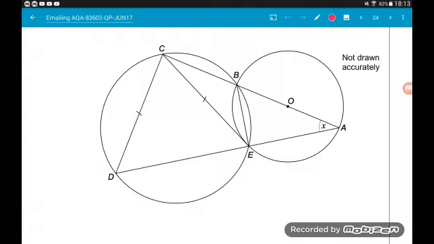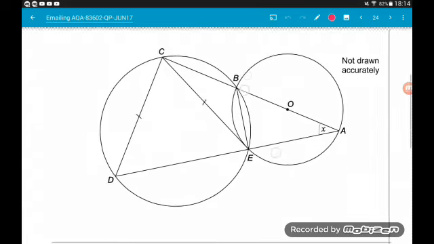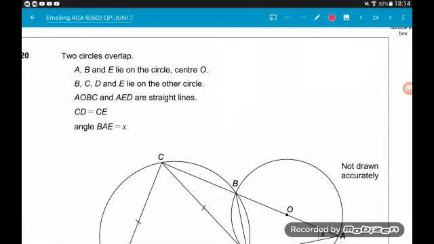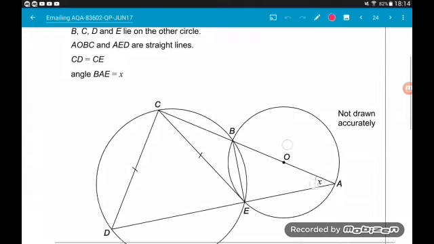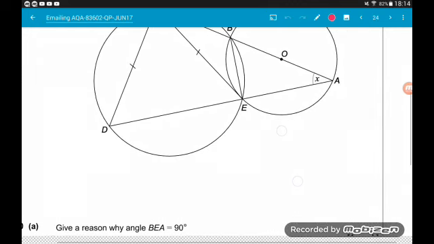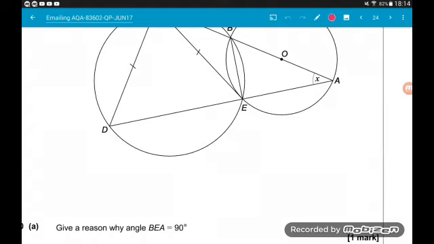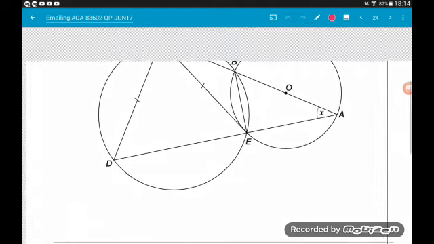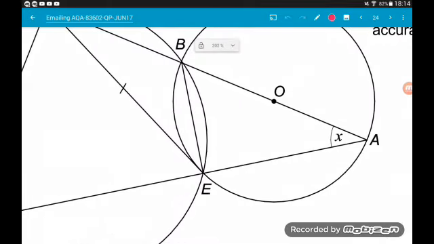So, part A, we've got these circles and some lines and stuff. If you want to read what's going on, there you go. I think it's pretty self-explanatory though. So, we've got two circles. First of all, we are asked to give a reason why angle BEA is 90 degrees. So, angle BEA is this top here.